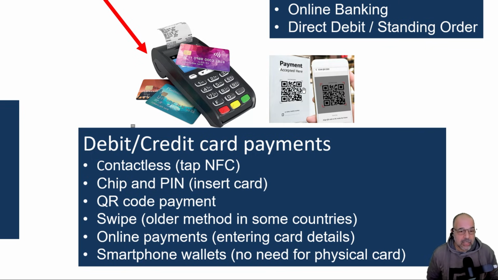Okay, the older method, which is the swipe, and that's where you've got a magnetic strip on the back of your credit card, that black strip on the back of a card. And instead of reading the chip and pin, it actually reads the information on the magnetic strip. Those are not used as much anymore, mainly because the data is directly accessible, because it's on the magnetic strip.